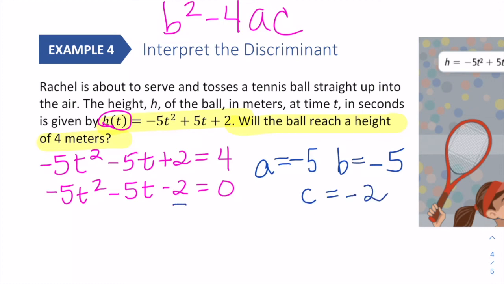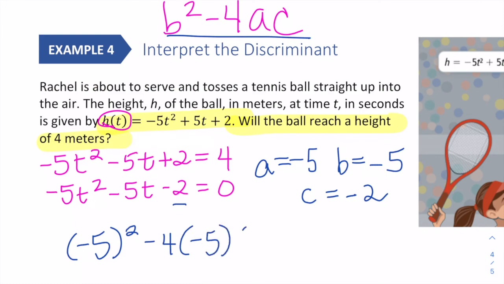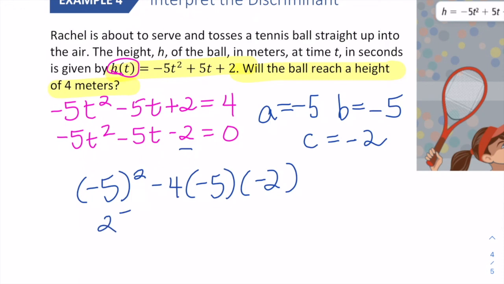So let's plug that in. b squared minus 4ac, so -5 squared minus 4 times -5 times -2. That's 25 minus 40, and when we add those together, it'll be -15.